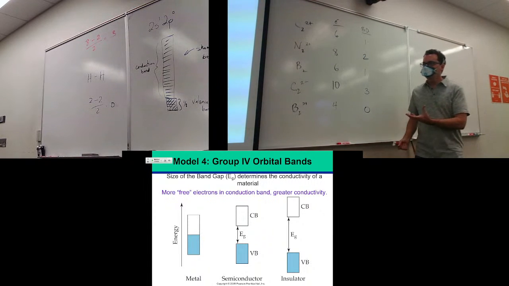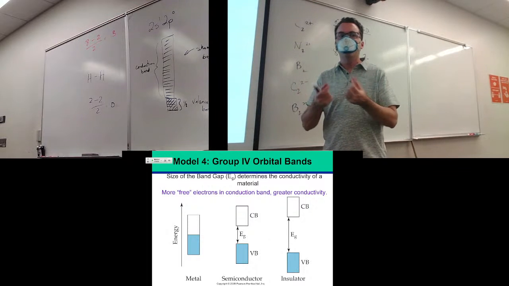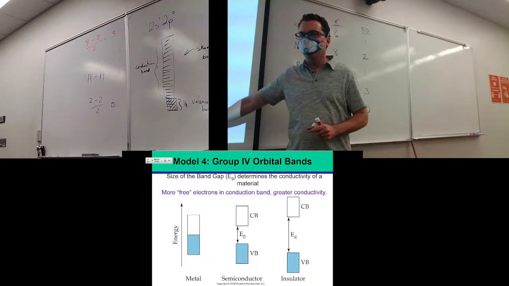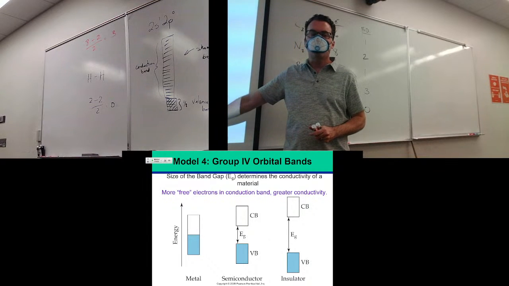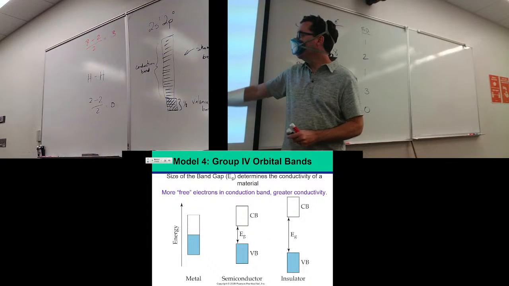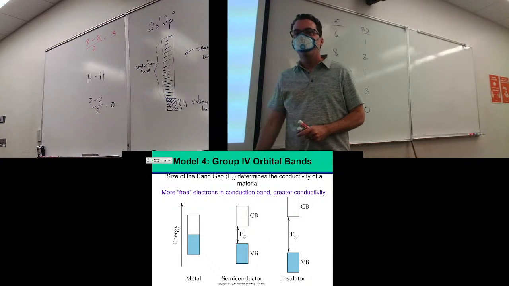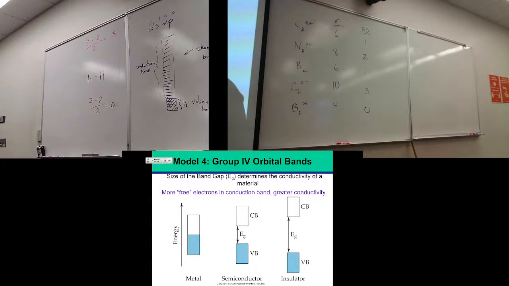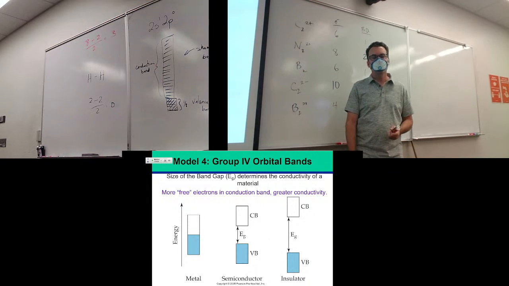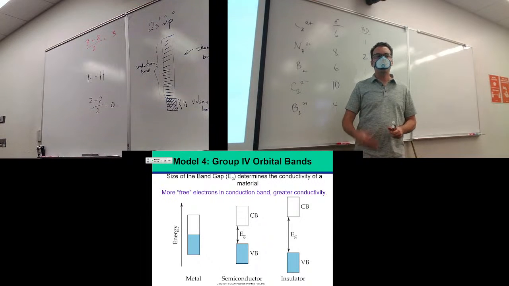So if it's a metal, there's going to be little to no band gap present. If it's an insulator, and that's just another way of describing a nonmetal, which is not conductive, it will have a very large band gap. But there's going to be this intermediate range, where the band gap is there, but not very big, which we can call a semiconductor.